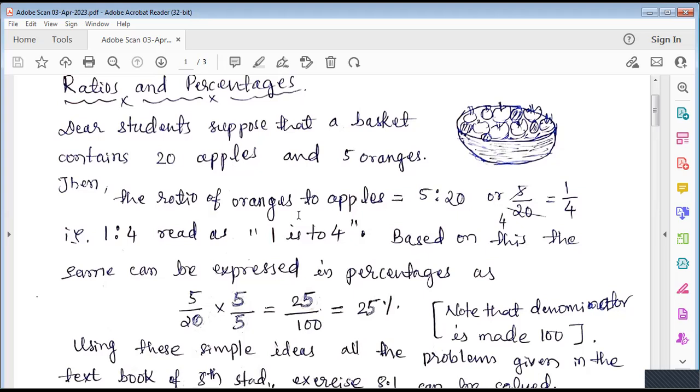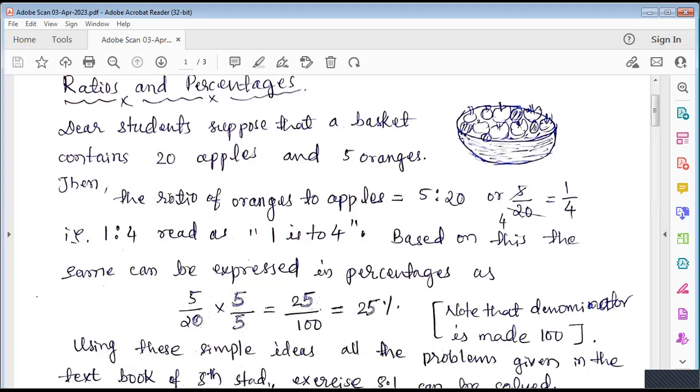To compare these, we have to take the ratio, the ratio of oranges to apples, expressed in terms of mathematics. So the ratio of oranges to apples, we will write as 5:20, or you can make this 5/20 and cancel. 5 ones are 5, 5 fours are 20, so you get 1/4.